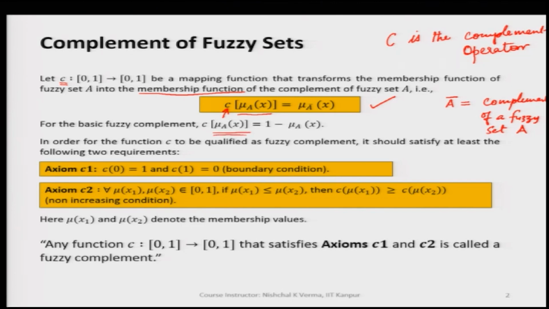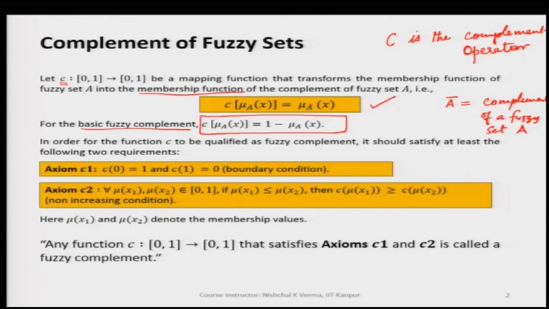If we have a membership function or membership value, and we want to find the complement of the fuzzy set, we simply subtract all these membership values, or the membership function, from 1 to get the membership values or functions of the complement of fuzzy set A. This is simply denoted by, I will just make a box here, so that it can be clearly understood as the basic fuzzy complement.